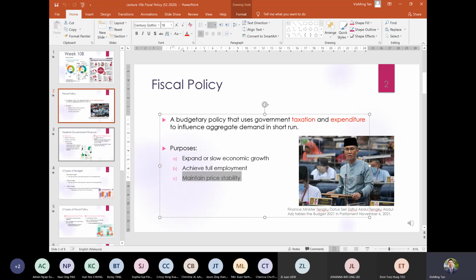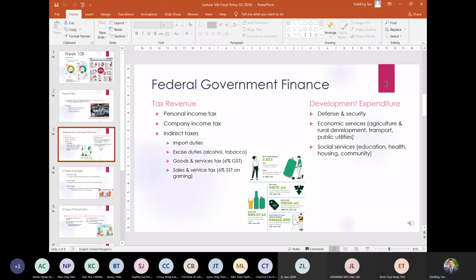So what are the taxes that can be collected by the government from the country? There are a few income taxes that can be charged by the government.